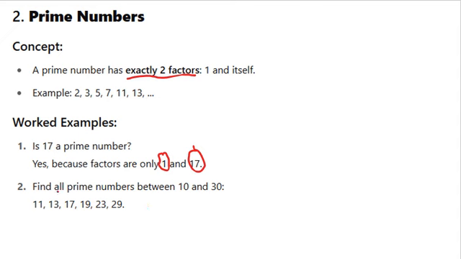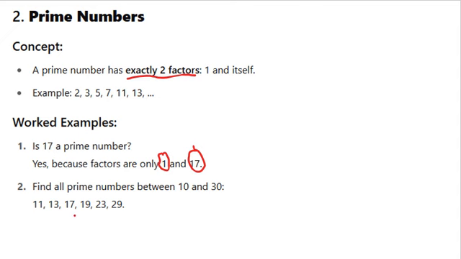Find all prime numbers between 10 and 30. The prime numbers between 10 and 30 are 11, 13, 17, 19, 23, 29. All of these numbers only have two factors, 1 and itself.